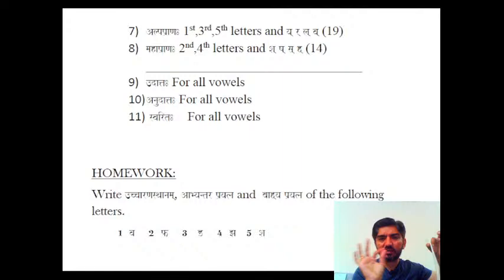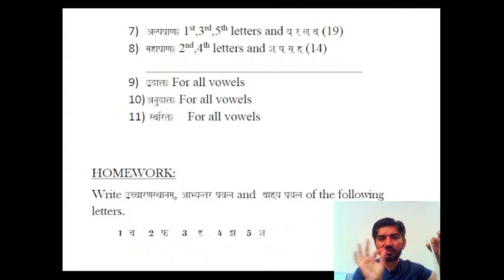Let's take the first group, ka, guttural letters. While you speak ka, first letter, third letter and fifth letter, the page will not move much because less air will come out. Ka, ga, nga.